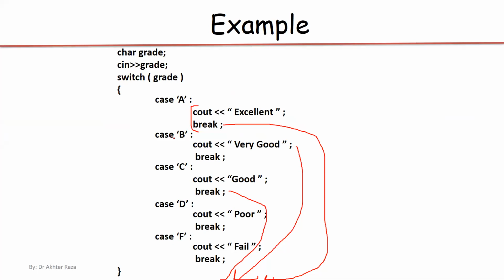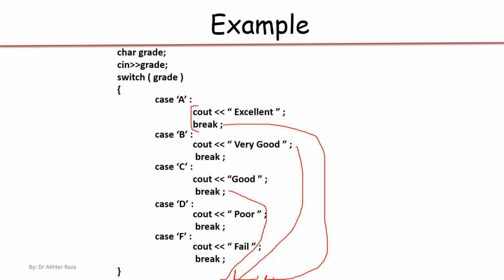So why is break necessary? If grade is equal to A, then these actions will be performed. After completing these actions, it will again check whether grade is equal to B, and so it will lose time.